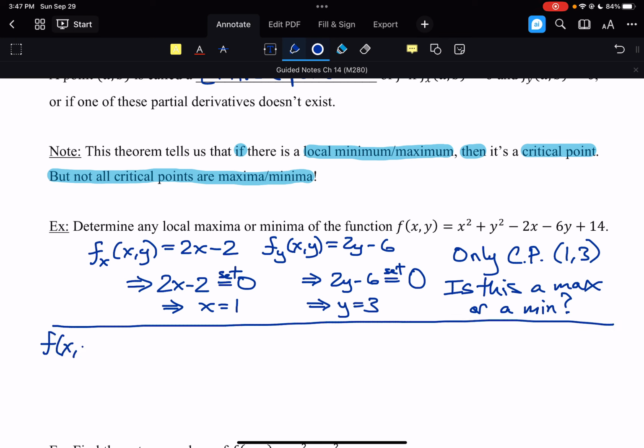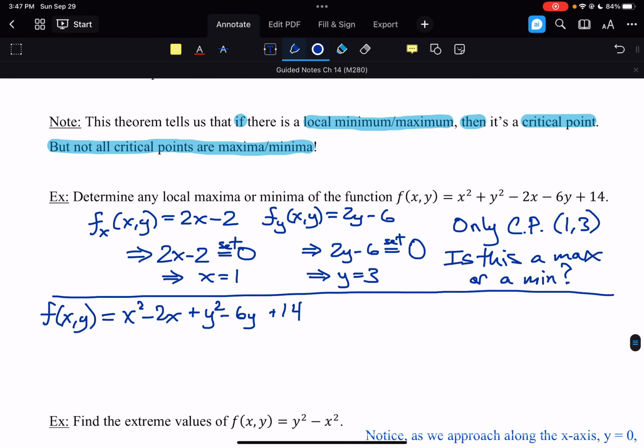So f(x, y) equals x squared minus 2x plus y squared minus 6y plus 14. What we're going to do with these groupings here is complete the square on both.